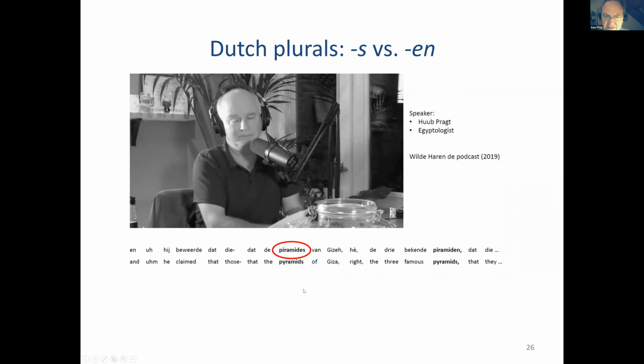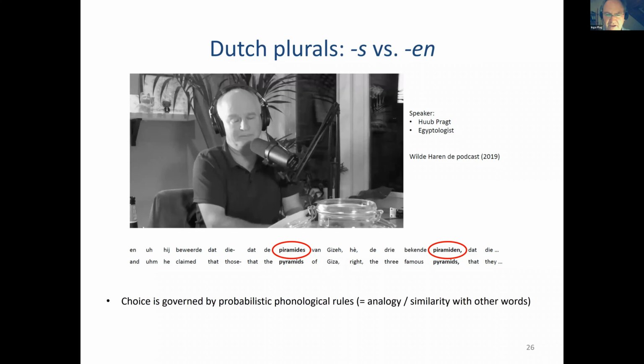What is really striking is that within one sentence, he uses 2 different plural forms, and you cannot say that this guy doesn't know what he's talking about. This is exactly what he can talk about with a lot of knowledge, and still you could think he varies in plural.